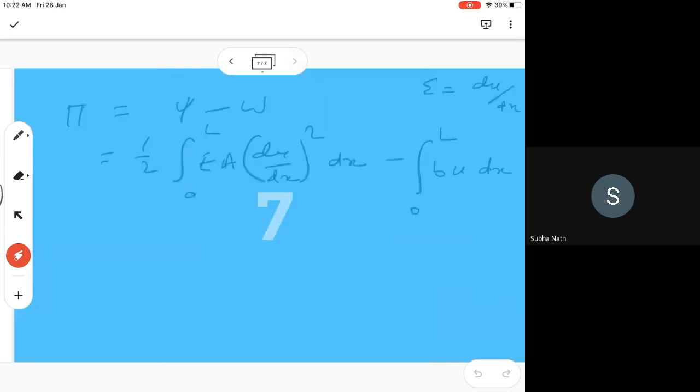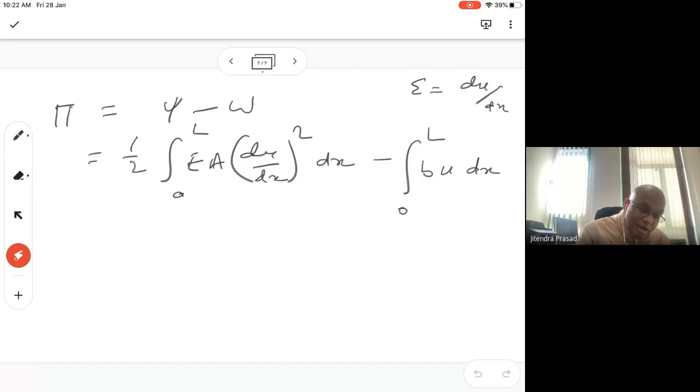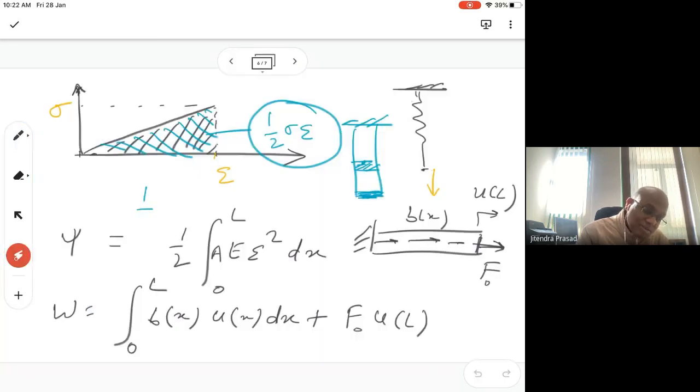Okay. So then we have 0 to L B times U dx. This is because of the body force, the work done. Then there is the boundary force. The difference between the two forces is that one is the body force and the other is the boundary force.